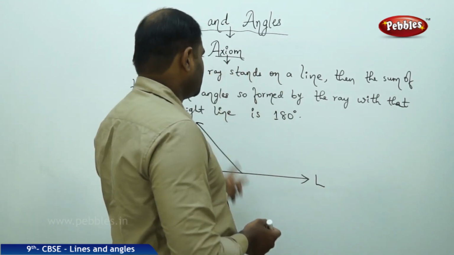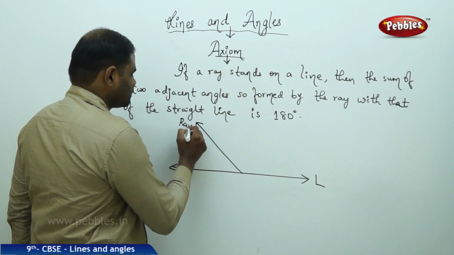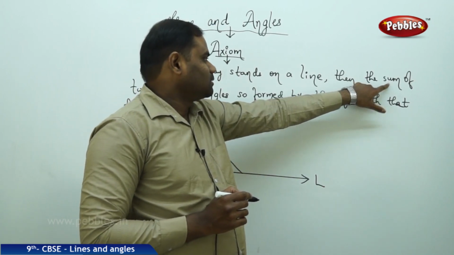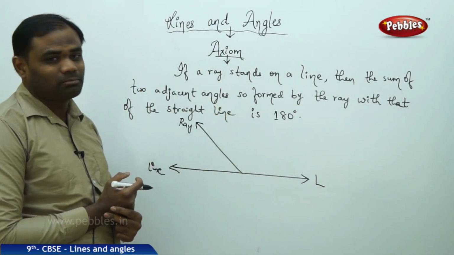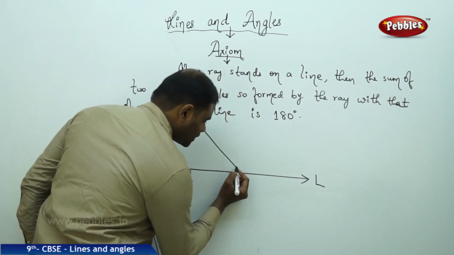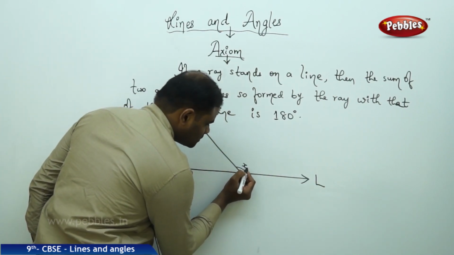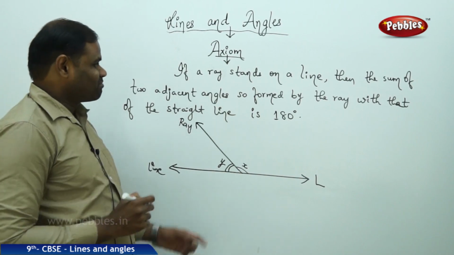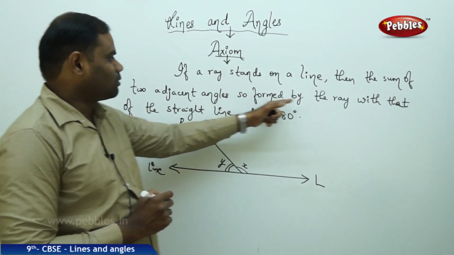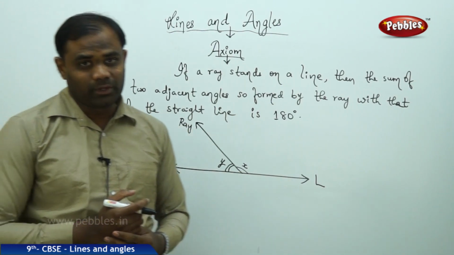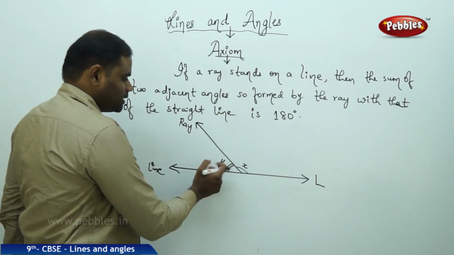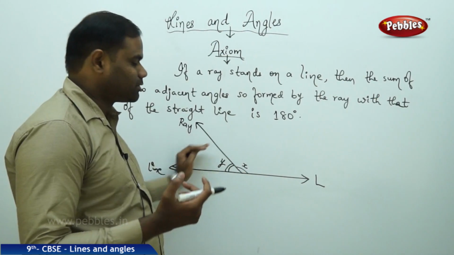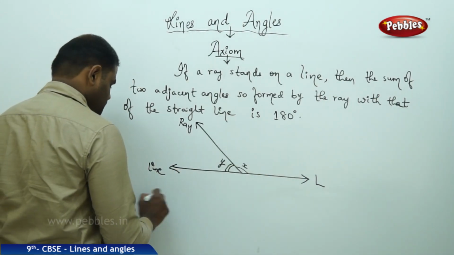This being the ray, this being the line, the axiom says that the sum of two adjacent angles so formed by the ray, we clearly know that the adjacent angles formed by the ray are this and this. So the sum of two adjacent angles so formed by the ray with that of the straight line will always be 180. So these two adjacent angles always form the sum 180.